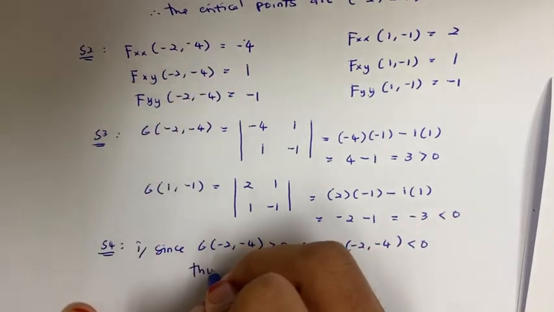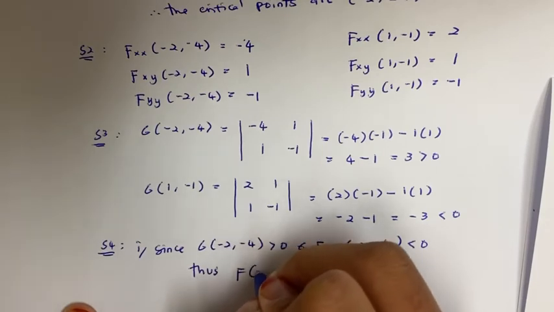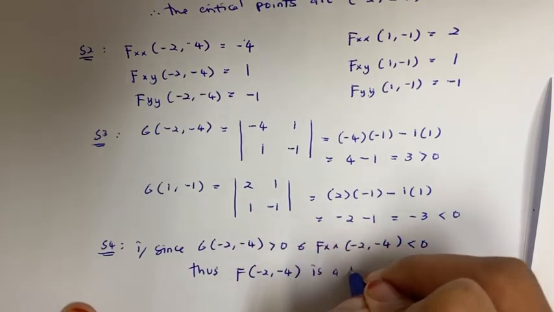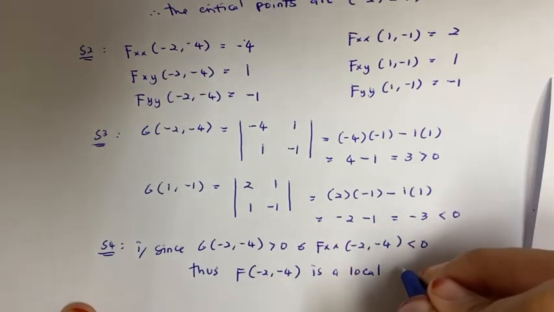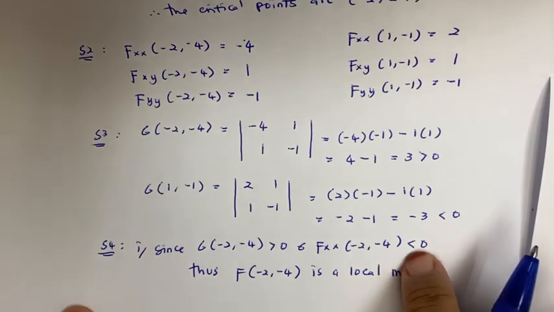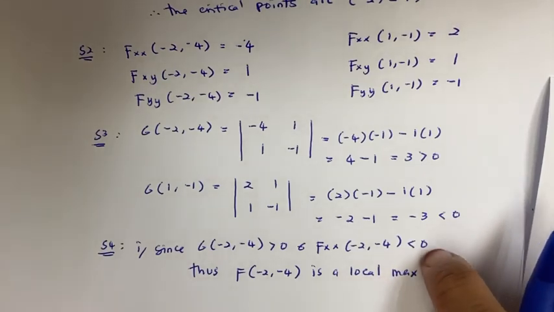Thus, f at negative 2, negative 4 is a local maximum, because you have fxx less than 0.